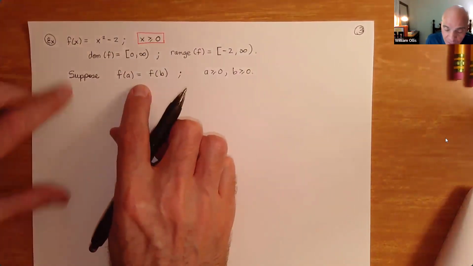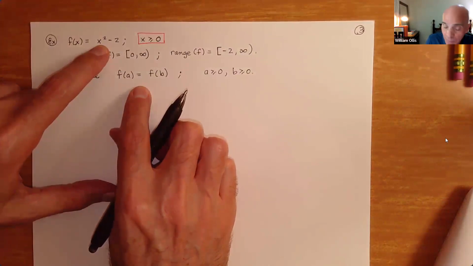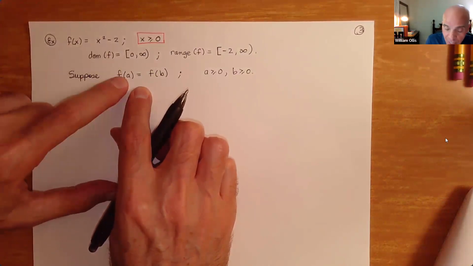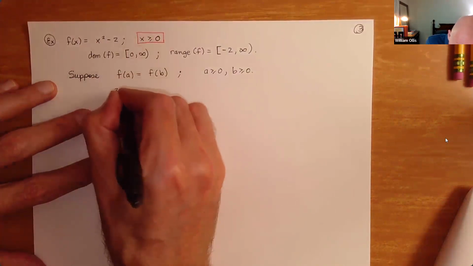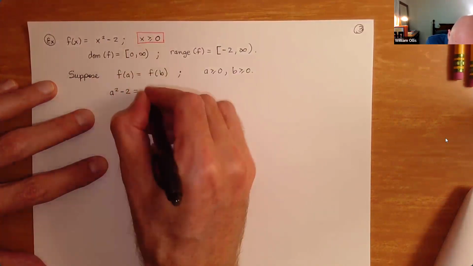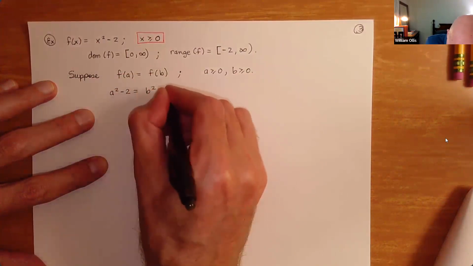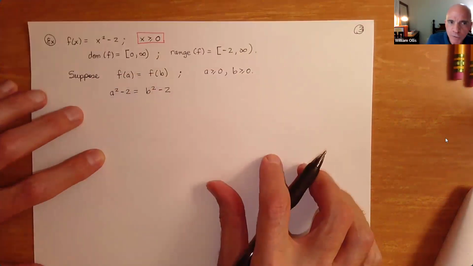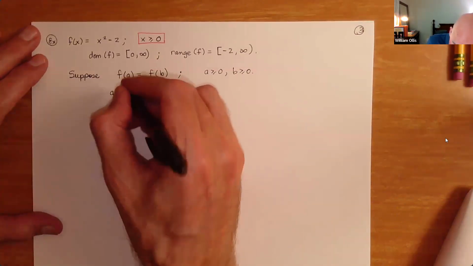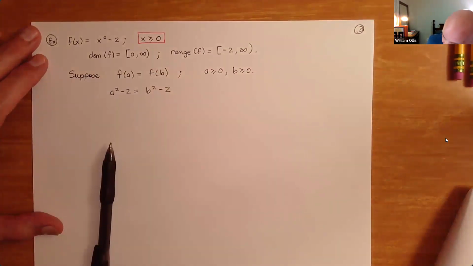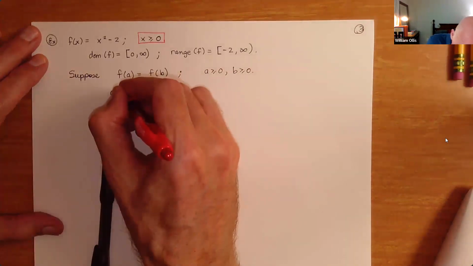So now we just fill in the formula where we replace x with A and x with B. So we have a squared minus 2 equals b squared minus 2. Well, this is very simple, and you're thinking this won't be very difficult to do. Notice the negatives, the -2's absorb.